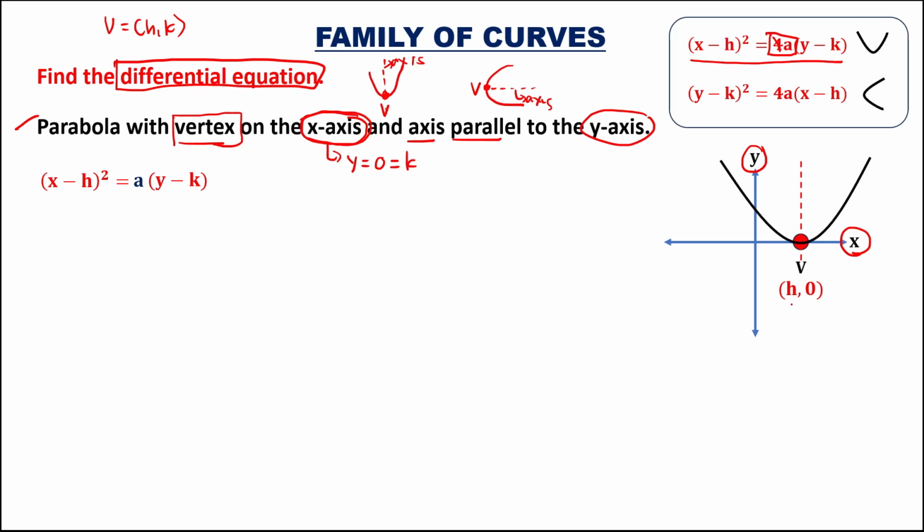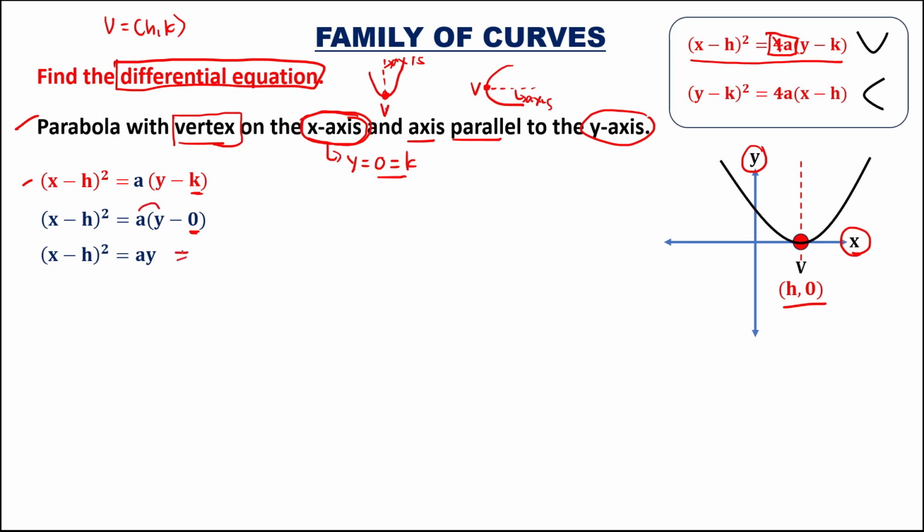Then substitute these values to this formula. So this becomes the quantity x minus h to the power 2 equals a times y minus 0, because k is equal to 0, or the quantity x minus h to the power 2 equals a times y.